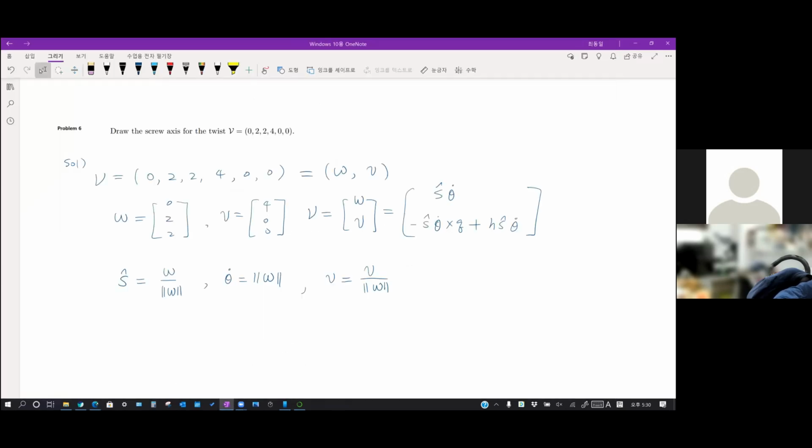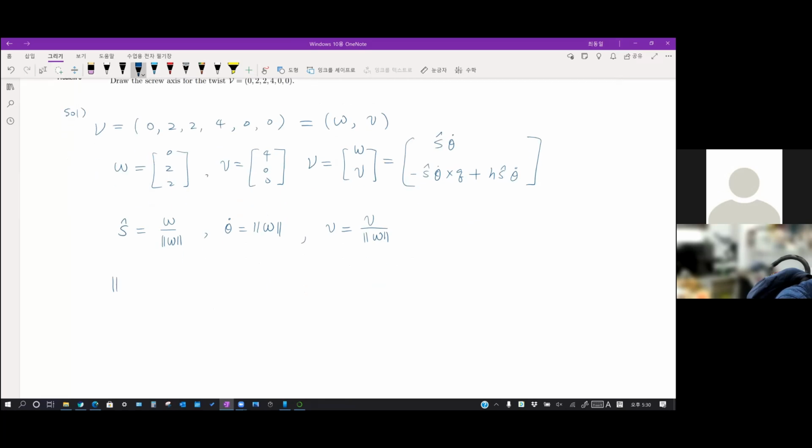Therefore, the size of omega equals 2 root 2.